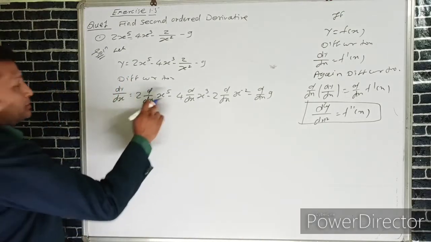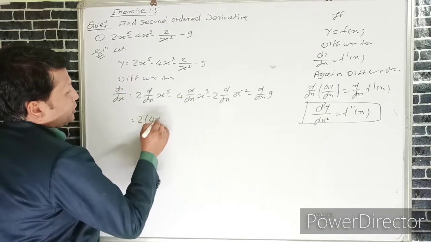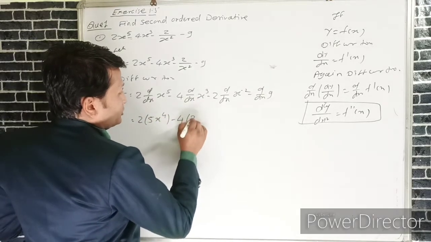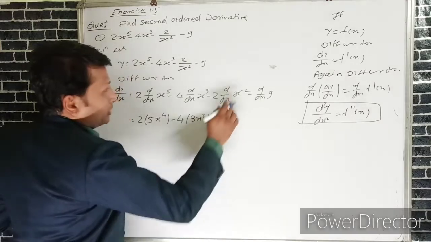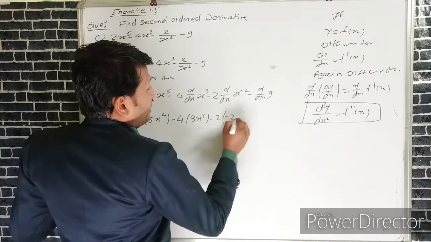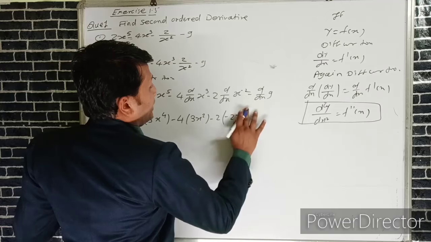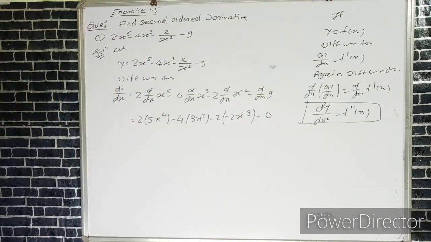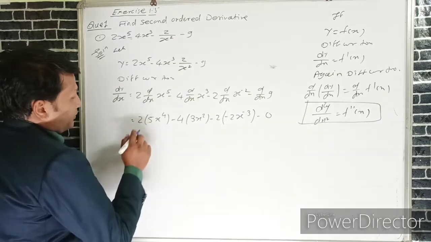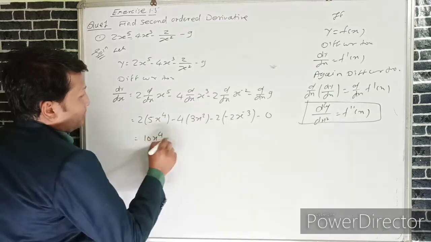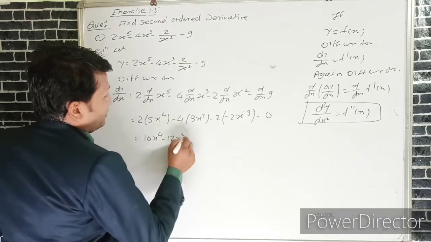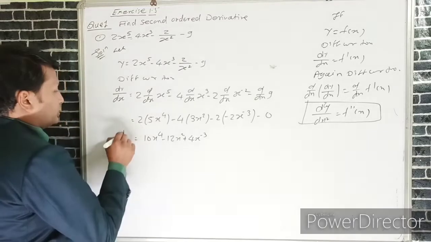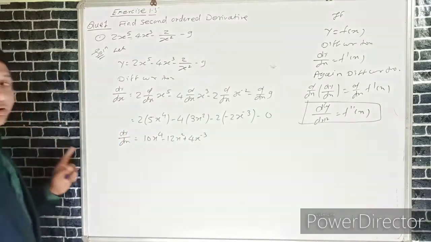So the derivative of x raised to the power 5 is 5x raised to the power 4, minus 4 into the derivative of x cube which is 3x square, minus 2 into the derivative of x raised to the power minus 2, which is minus 2 x raised to the power minus 3, and the derivative of 9, which is a constant, is 0. So 2 into 5 which is 10 into x raised to the power 4, minus 4 into 3 which is 12x square, plus 4x raised to the power minus 3, which is the derivative of y with respect to x, dy by dx.